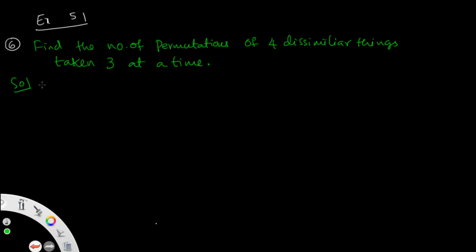When the question is given, the total number of things is 4, and we are selecting 3 at a time. How many ways can you complete this, is what is asked.